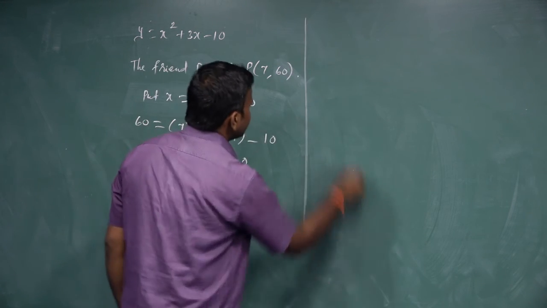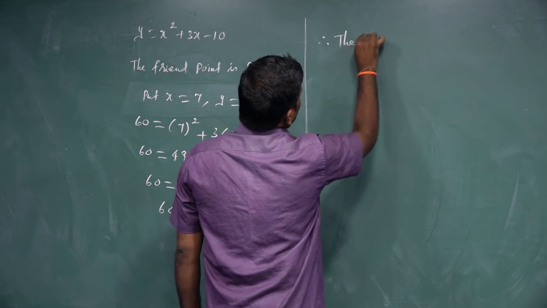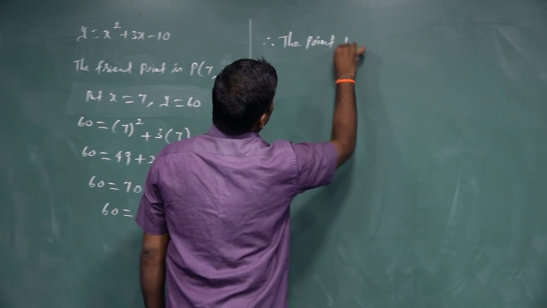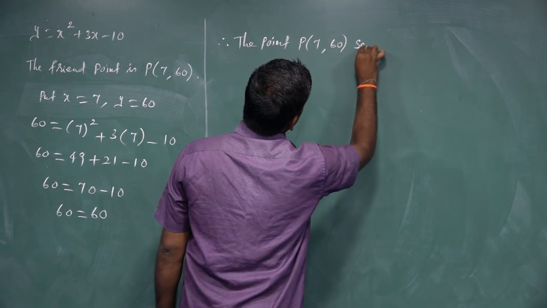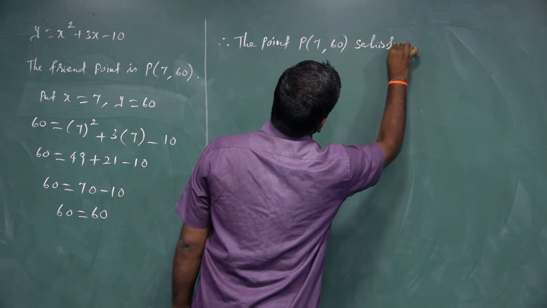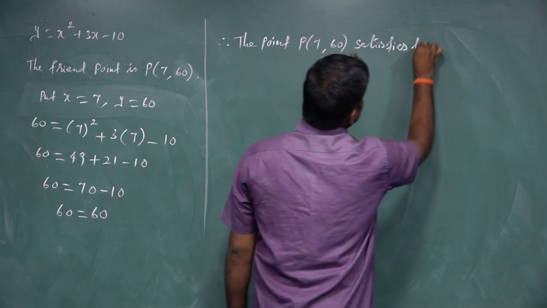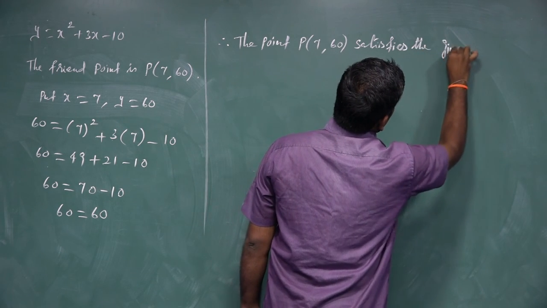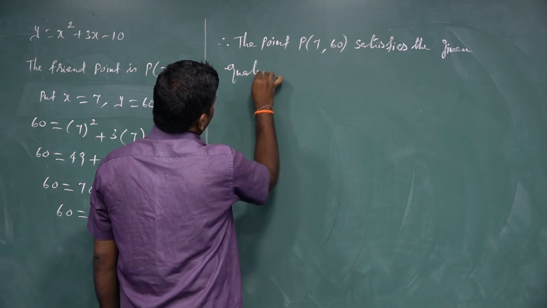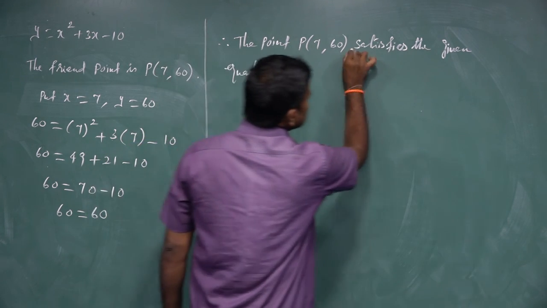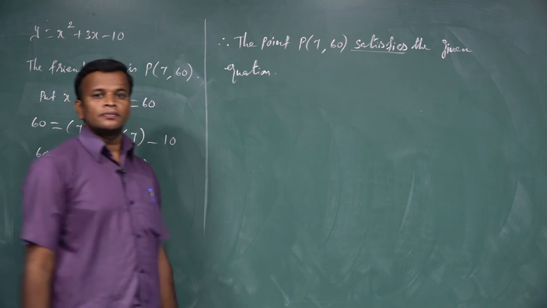Therefore, the point P of 7, 60 satisfies the given equation. It's important: it satisfies the given equation.